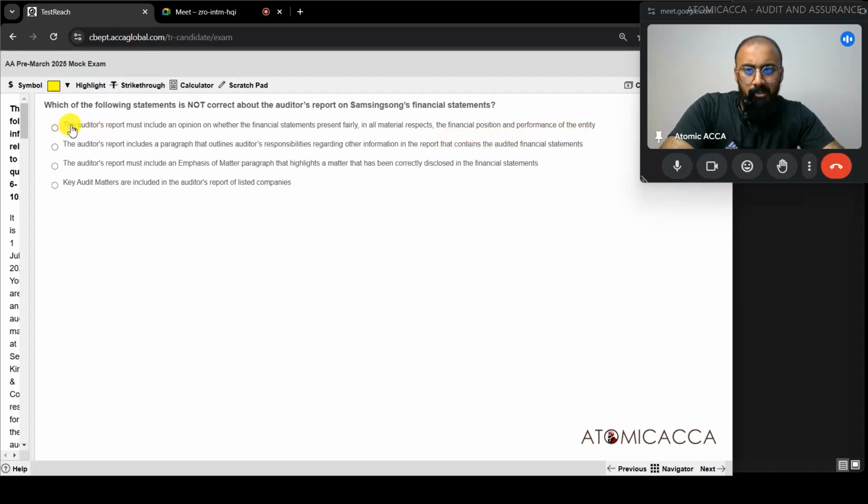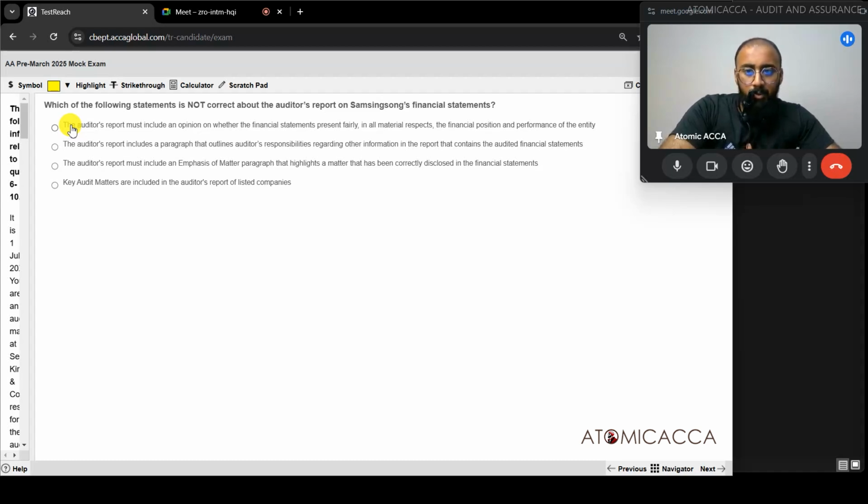That's basically the idea about what audit opinion means. Correct. Auditor's report includes a paragraph that outlines auditor's responsibility regarding other information in the report that contains the audited financial statement. Auditor's responsibility, the client's responsibility, all of these things are supposed to be there in the audit report. That is also fine.